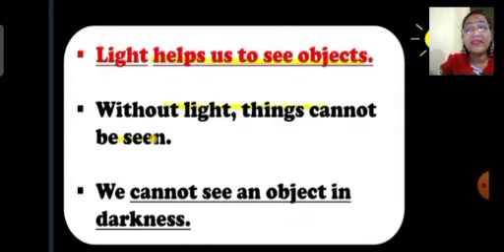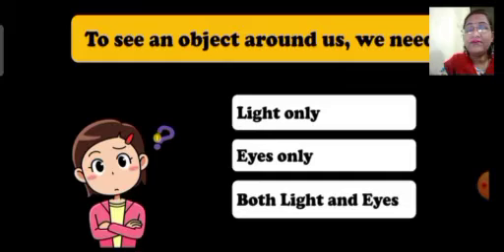So, to see at night, we light up electric bulbs, tube lights, etc. If I ask you one question, to see an object around us, what do we need? Light only, eyes only, or both light and eyes? Your answer will be both light and eyes are necessary to see the things present around us.